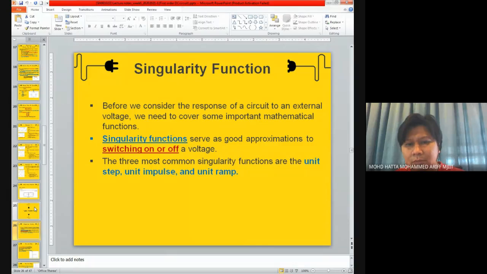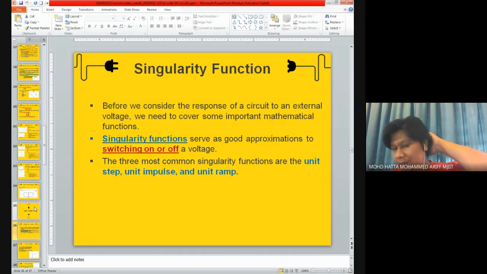So for questions on circuits, I'm not going to give you a question which involves unit impulse and unit ramp connected in your circuit. However, maybe I could ask you to draw unit impulse waveform or unit impulse response, or draw unit ramp response with respect to t.